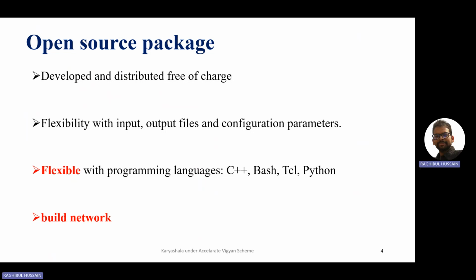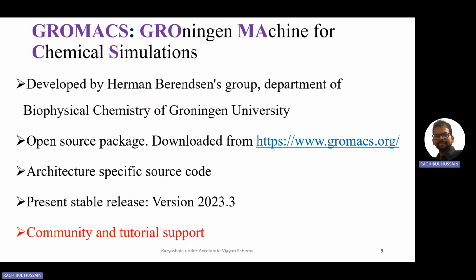Based on their solution or subsequent emails, you can build your network. People do this for any kind of simulation process, whether they follow ResearchGate or LinkedIn, or follow mailing lists. Based on that, the network can be built. That is another objective of using open source packages.